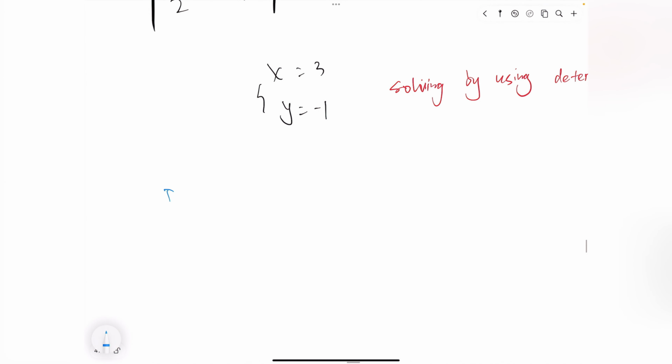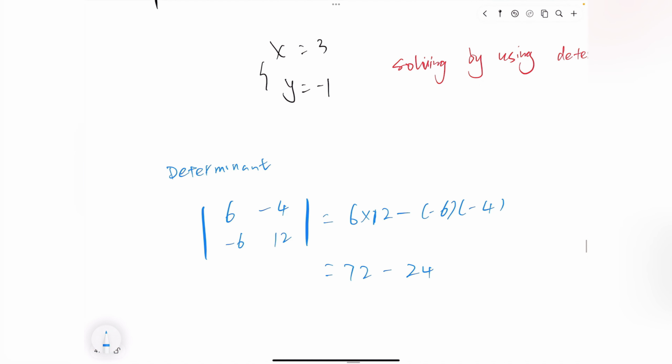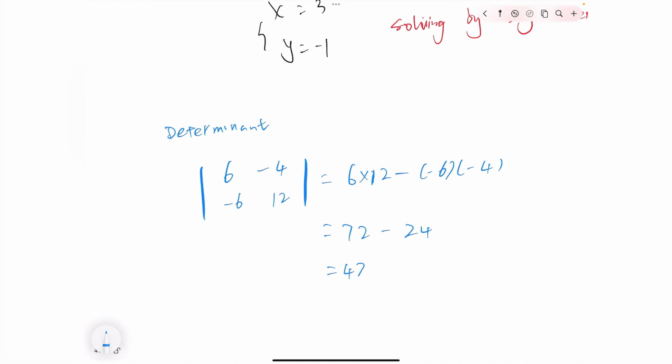So if we have determinants, for example, 6, -4, -6, 12, we'll have 6 times 12 minus -6 times -4. So 72 minus 24, that's 48.